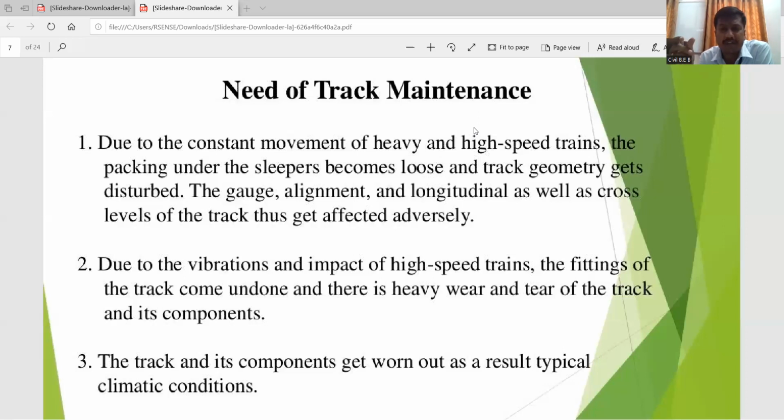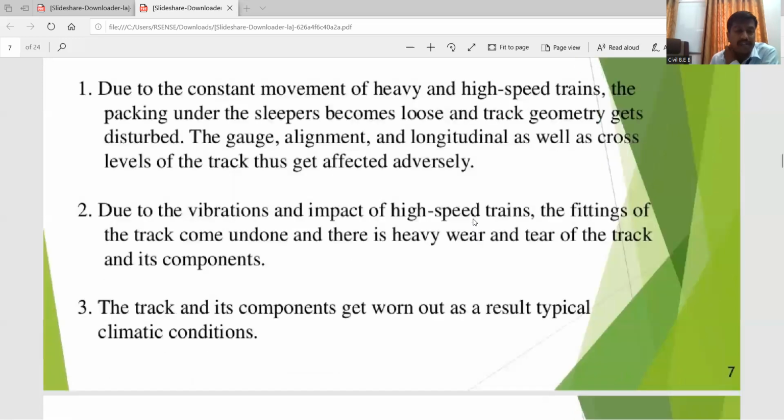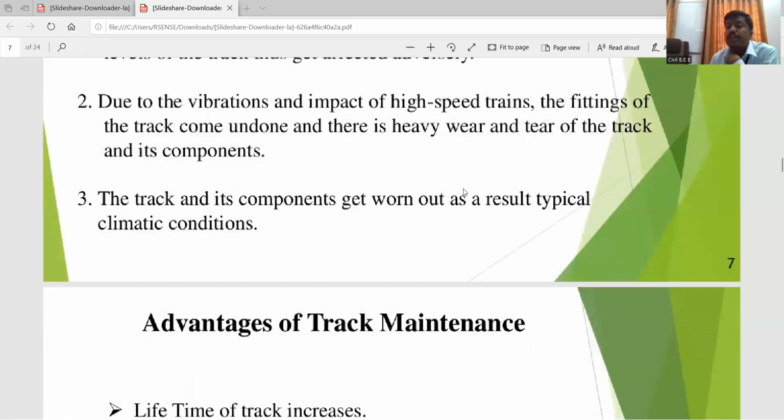If the joints are very weak, or if due to the constant movement of the train those joints are weakened, then definitely it will hamper your railway track. It will just wear out. And the next reason, as I told you, due to the climatic conditions, we have seasonal variation and daily variation in the temperature, and this will affect the track conditions.